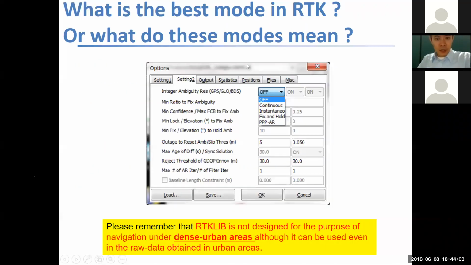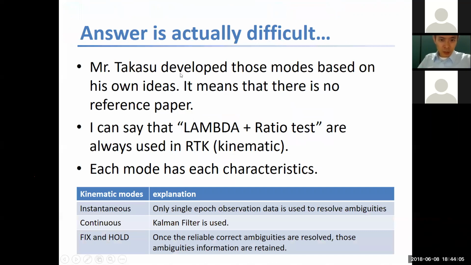So the answer is very difficult. Mr. Takasu developed those modes based on his own ideas. I already talked with him. It means that there are no reference papers. Of course, he read a lot of papers, but he developed those modes based on his own idea.